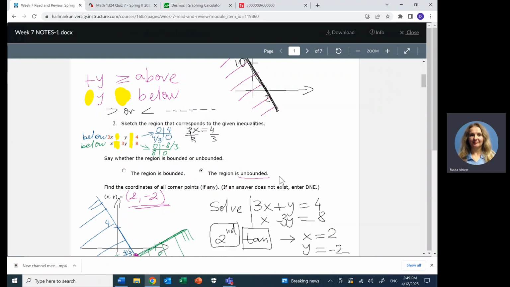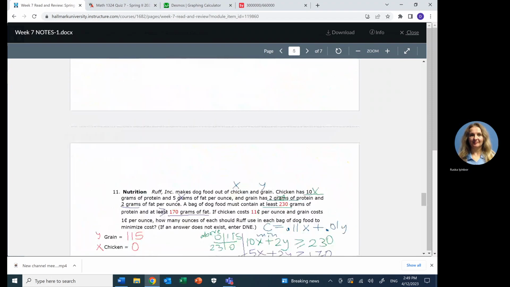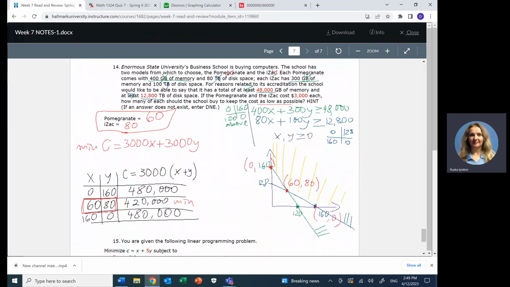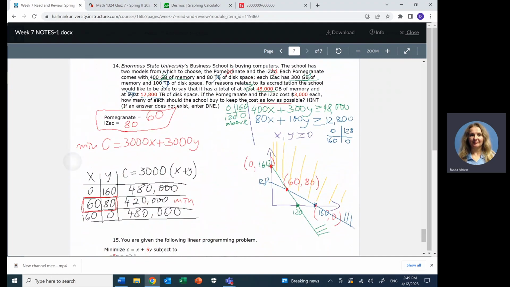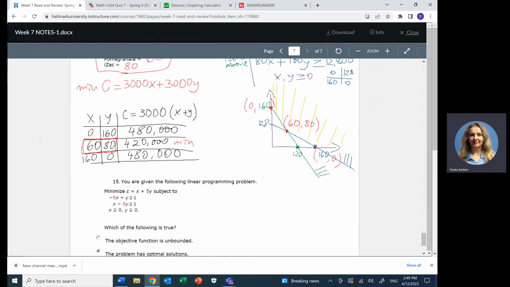So we have 15. This is the solution for 15. I did it by hand. So those are the corner points, 0, 160, 60, 80, 160, 0. And then we're looking for minimum. It's an open area, unbounded, but you're looking for minimum, and the minimum is at 60 and 80. Okay, so this is the solution. You can look at it.